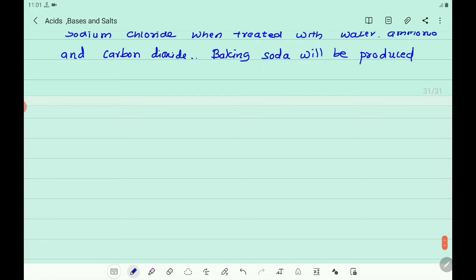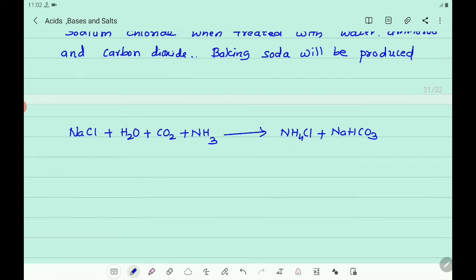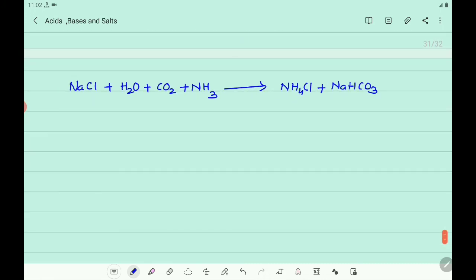So you write that NaCl plus H2O plus CO2 plus NH3 gives NH4Cl plus NaHCO3. This is ammonium chloride.